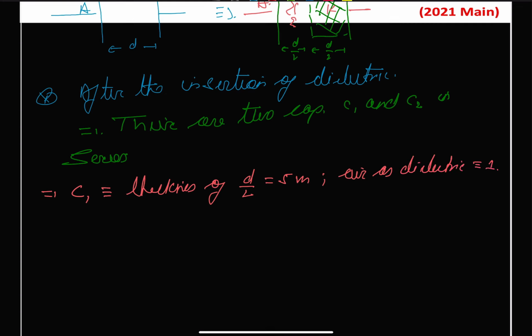Then we have C2, whose thickness is also d/2, but with the dielectric, and its dielectric constant is K, whose value is given as 10.